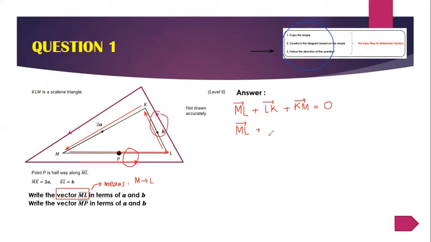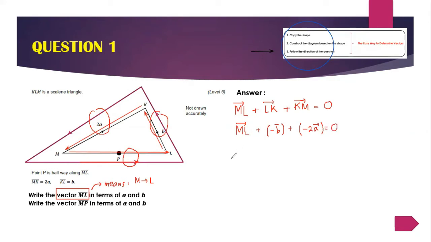Why negative b? Because opposite, right? So we have to write here factor minus b, and then KM. KM here is opposite again, right? Minus 2a equals 0. Is it clear to you?